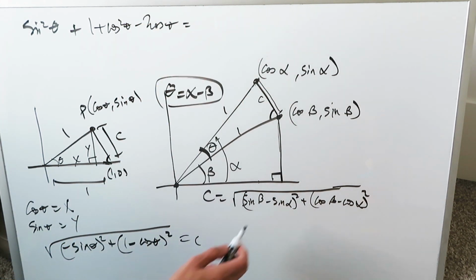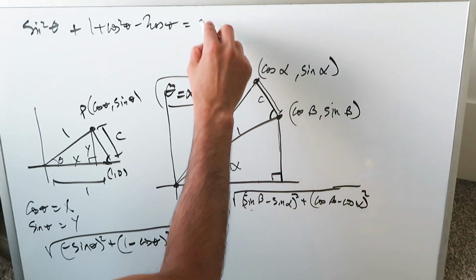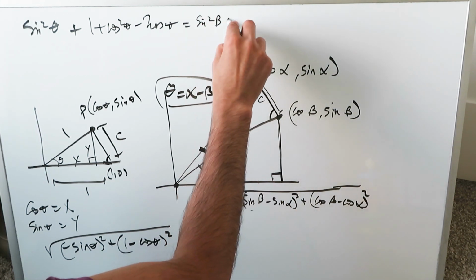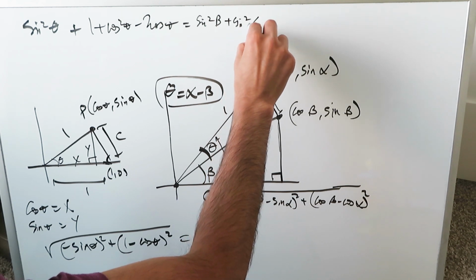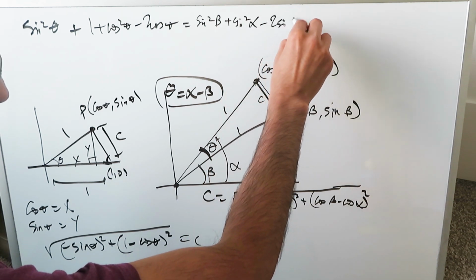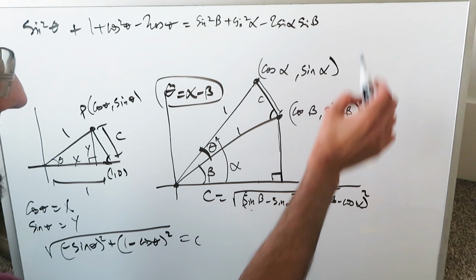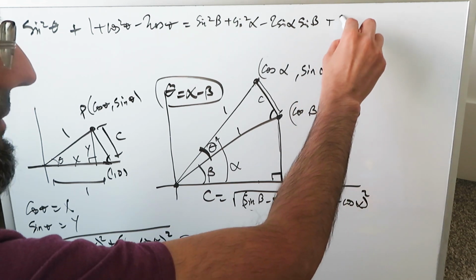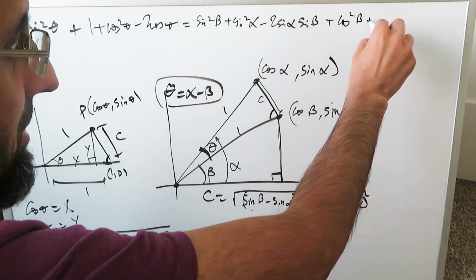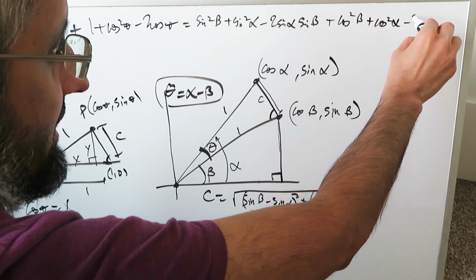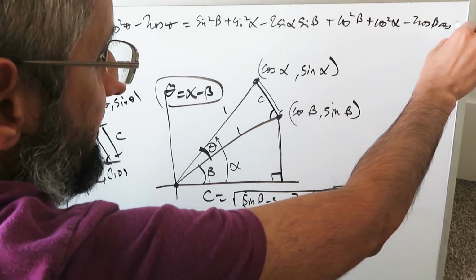Opening this part, we'll have sine square beta plus sine square alpha minus 2 sine alpha sine beta, and opening this part, we'll have cosine square beta plus cosine square alpha minus 2 cosine beta cosine alpha.